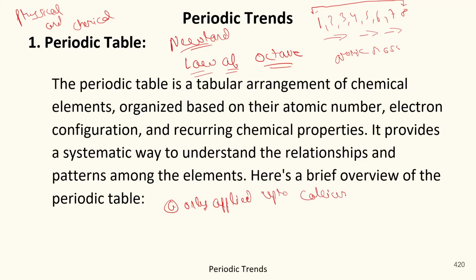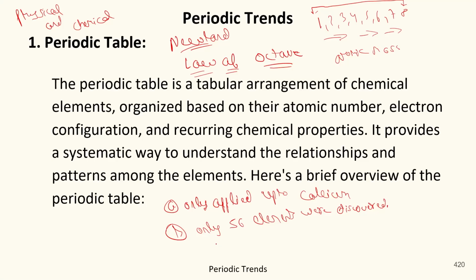The second thing was only 56 elements were discovered. So it failed because it only applied up to calcium. And when Newland gave the law of octave, only 56 elements were known.